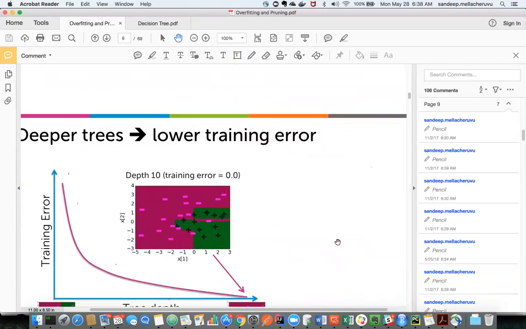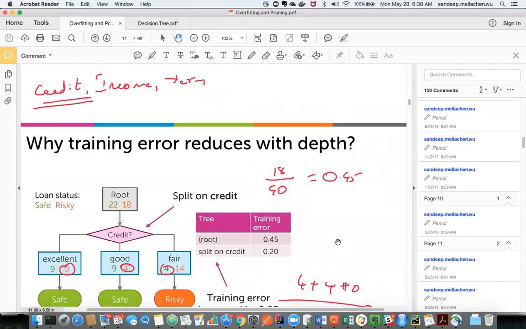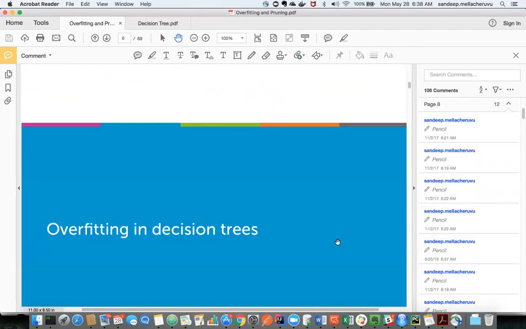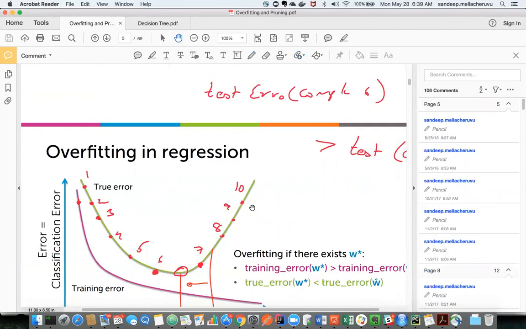But at the same time, the test error is going to increase. Initially it is going to decrease, then it is going to increase. So your test error is going to increase, even though your training error is at some point hopefully 0.